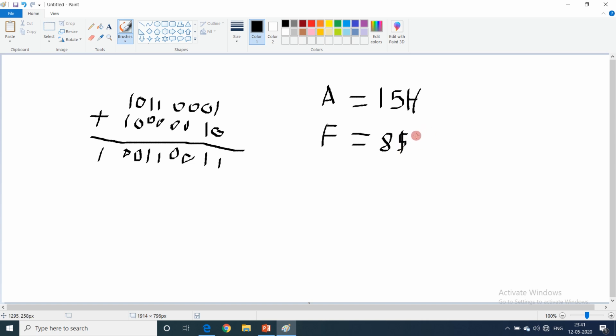The combination of accumulator and flag register forms the PSW, the program status word. If you remember, I have already discussed the lower address byte and upper address byte. So the accumulator is the higher order byte and the flag register is the lower order byte in the PSW.